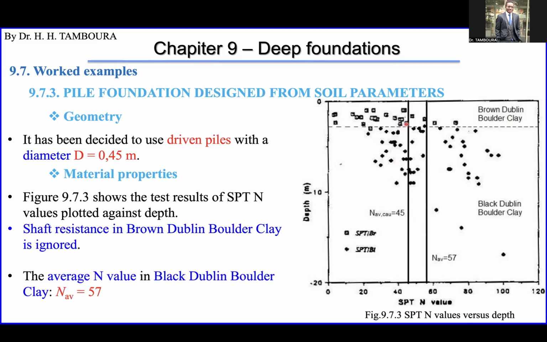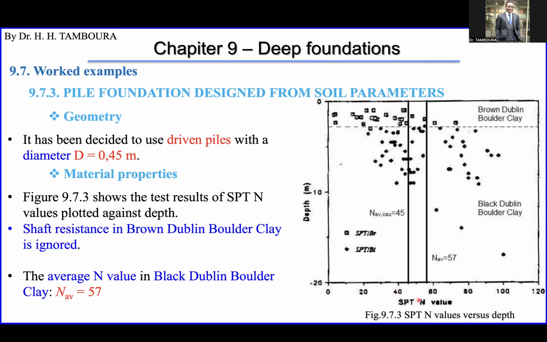And the average N value. Since we are ignoring the shaft resistance in the brown clay, we don't need to consider the N value in that clay. We will consider only the N value in the black one. When you do a normal average, you will get 57.